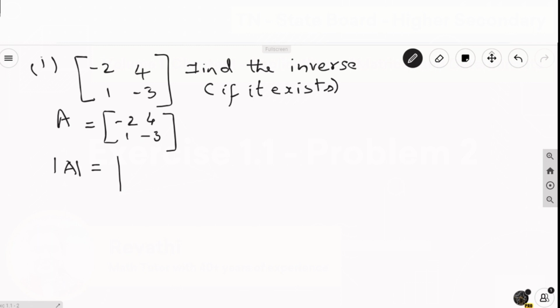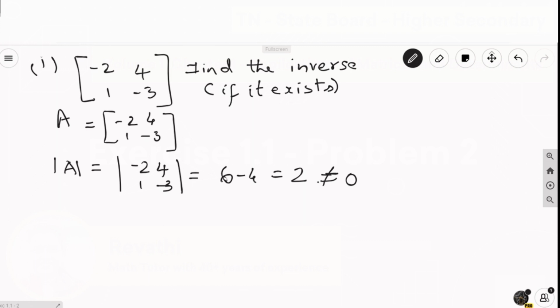For a determinant you put 2 bars; for a matrix we use brackets. So the value of this, just multiply the opposite diagonals: 6 minus 4, that is 2, and that is not equal to 0.